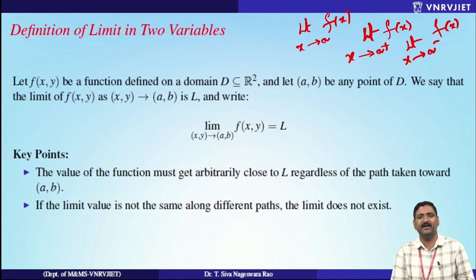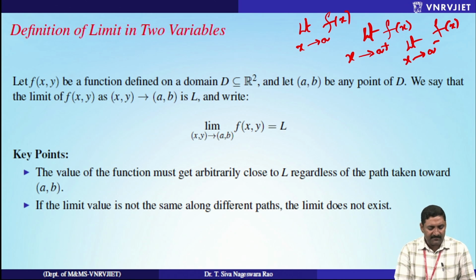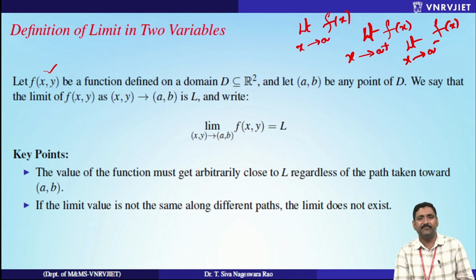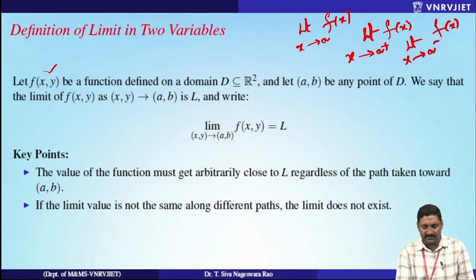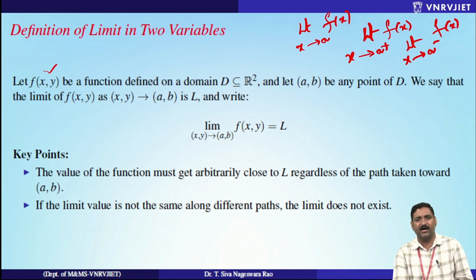The concept of limit for a function involving two variables is completely different from the concept of limit for a function involving a single variable. Now we will see what the concept of limit is for a function involving two variables. Let f of x comma y be a function defined on a domain D, a subset of R square, that means in the two-dimensional plane.